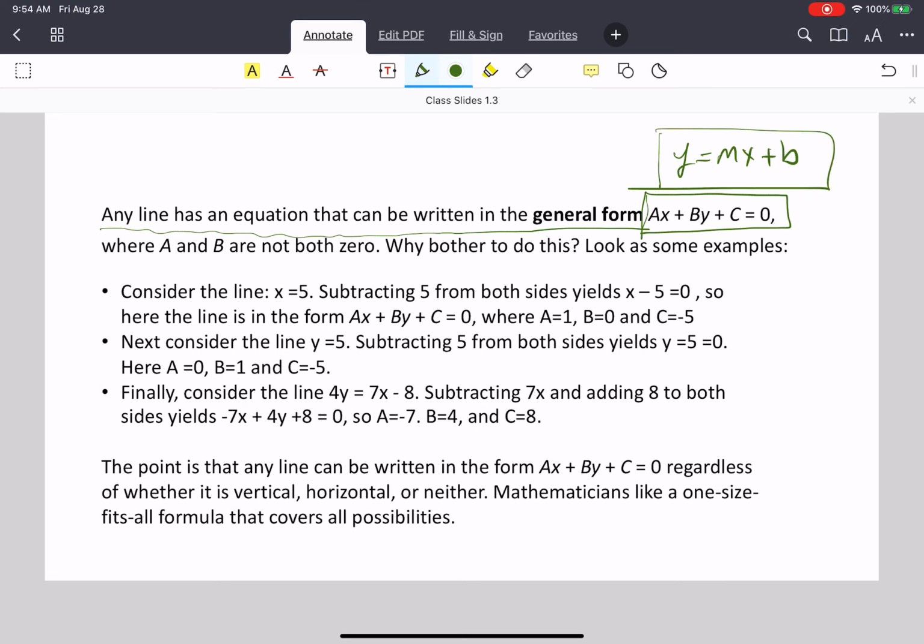But in some cases, you will see equations that look like ax plus by plus c equals 0. By just modifying equations, you can have different forms, and we have different names for these. The point is that any line can be written as ax plus by plus c equals 0, regardless of whether it is vertical, horizontal, or neither. Mathematicians like a one-size-fits-all formula that covers all possibilities. So it's a very general equation.